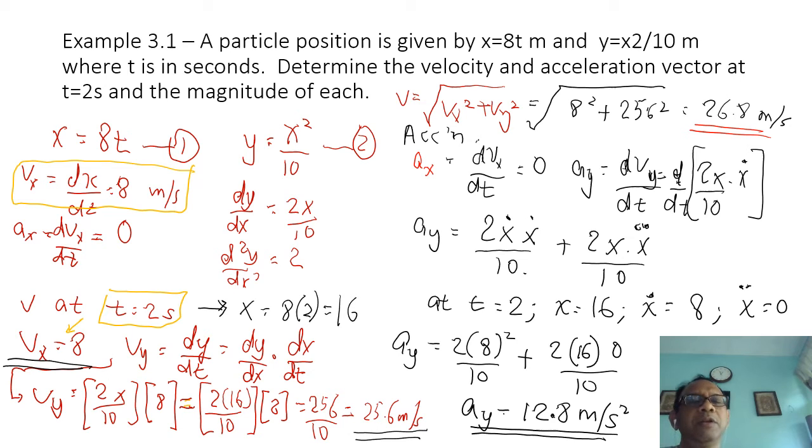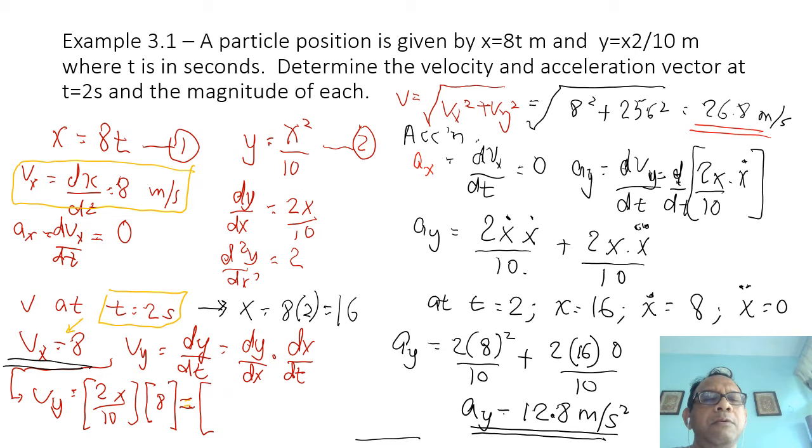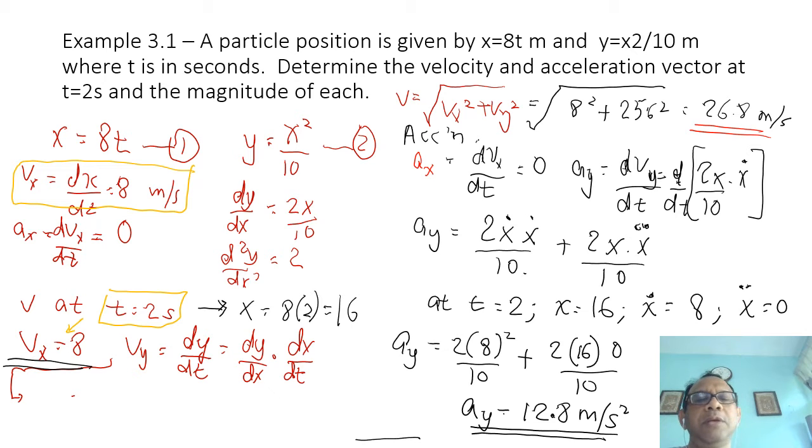From there you can find the magnitude. Let me clear the space here. So the magnitude of A is the square root of ax squared plus ay squared. And you know what your ax is?